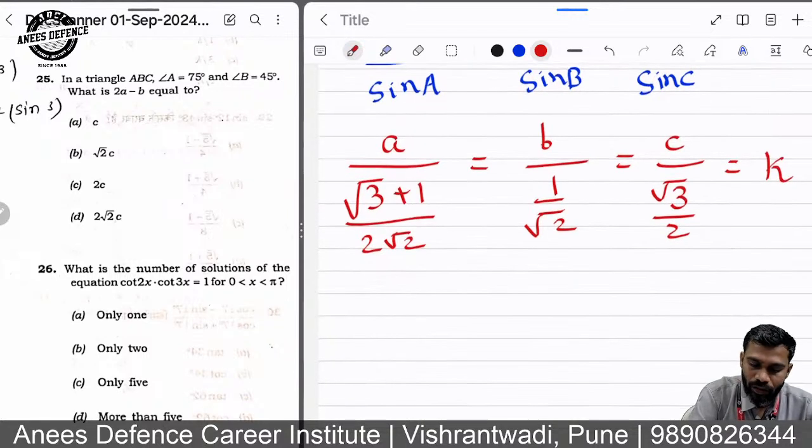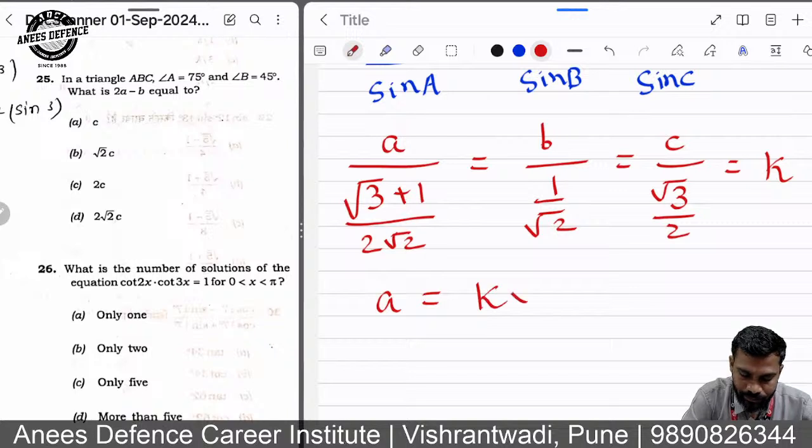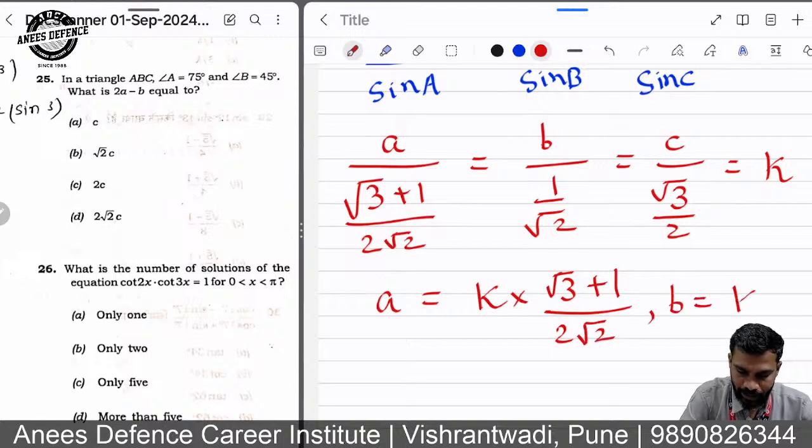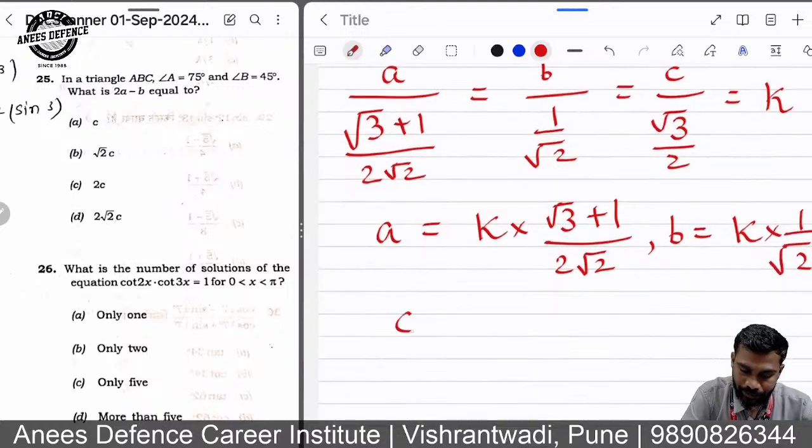Let us try to find out the values of A, B, C in terms of K. So A will be K times root 3 plus 1 over 2 root 2. B will be K times 1 by root 2. And C will be K times root 3 by 2. Right?